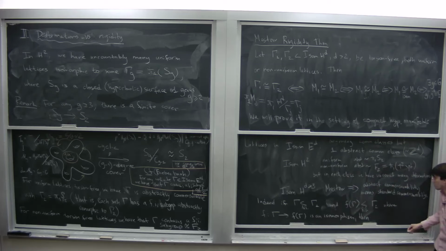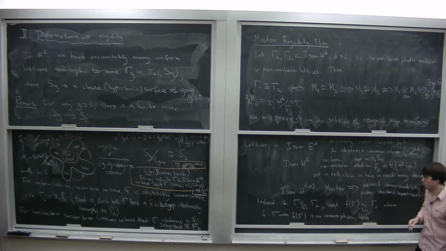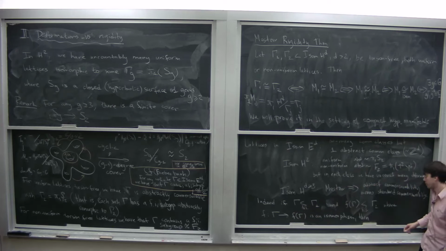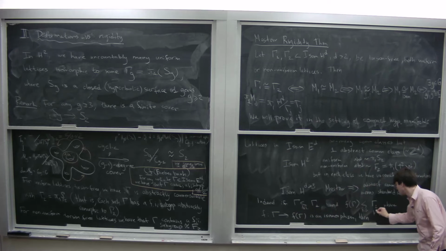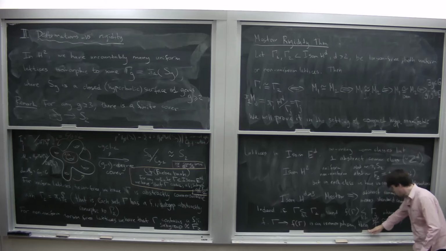I have that the manifold H^d mod gamma is isometric to the manifold H^d mod f of gamma.